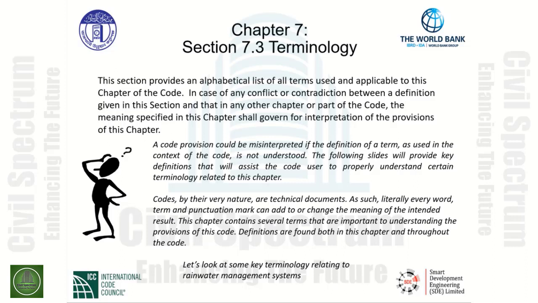This chapter contains several terms that are important to understand the provisions of this code. Definitions are found both in this chapter and throughout the code. Let's look at some key terminology relating to rainwater management systems.